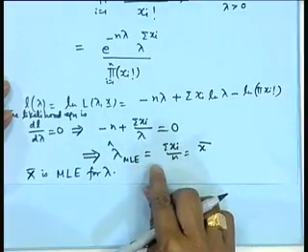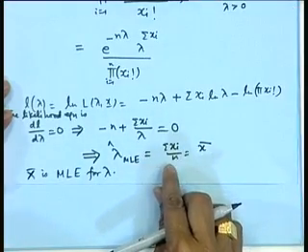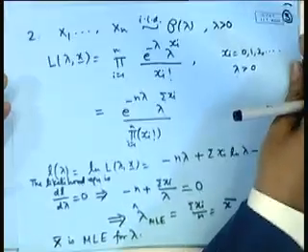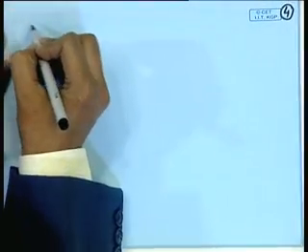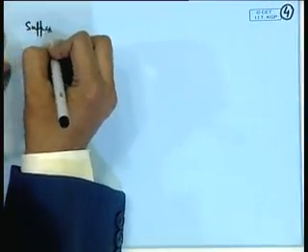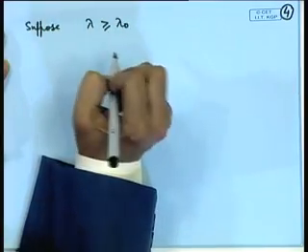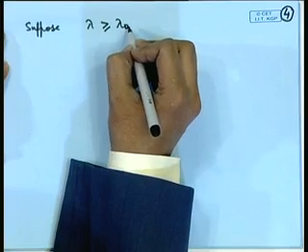Another thing that we can observe, here the maximization is done over the parameter space. So, in case there is a modification, for example, in the previous exercise, suppose we know that lambda is greater than or equal to lambda naught. That means, we know that the rate of arrival in a Poisson process is bigger than a prescribed quantity.